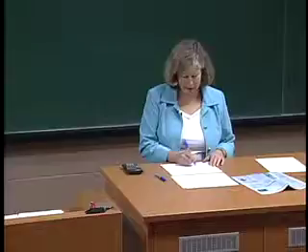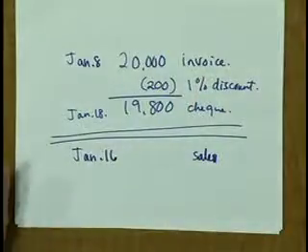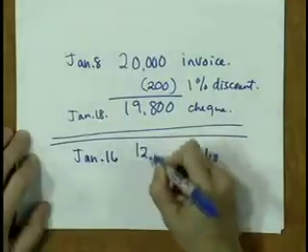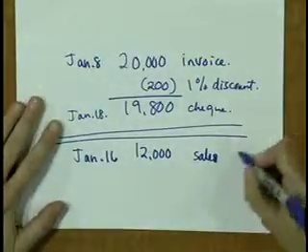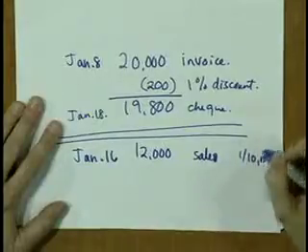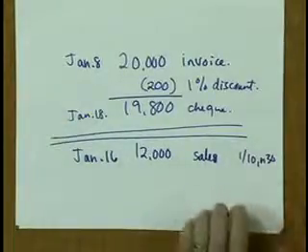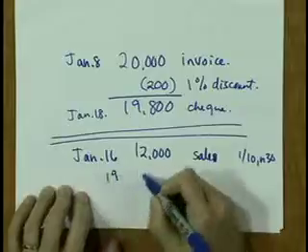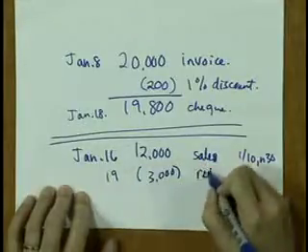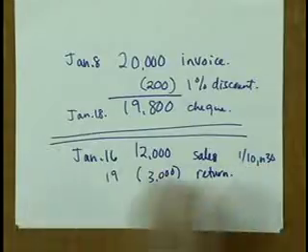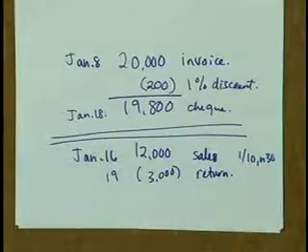So, we made a sale on January the 16th of $12,000. And what were the terms we have here? 1/10, n/30. They then returned some on the 19th, $3,000. Okay. What else has happened?